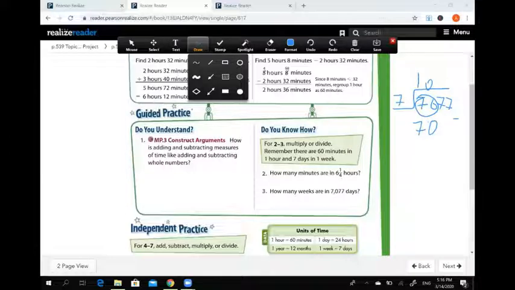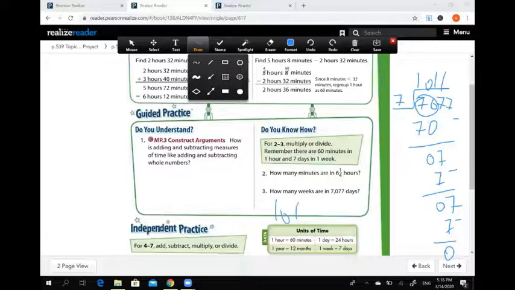Then 70 minus 70 equals 0. I'll put the 7 down. 7 times 1 equals 7. 7 minus 7, 0. Then I'll put the 7 down. 7 times 1 equals 7. 7 minus 7, 0. So how many weeks are in 7,077 days? 1,011 weeks.